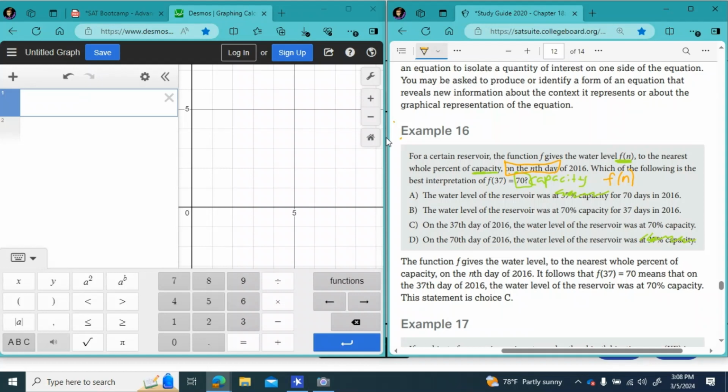So n is 37, on the nth day, on the 37th day. Not for 37 days, on the 37th day. And we are on our answer, oopsies, right here. Answer choice C is correct. Proof.